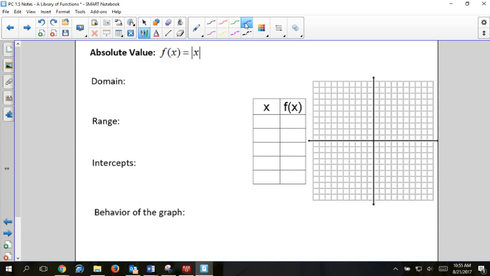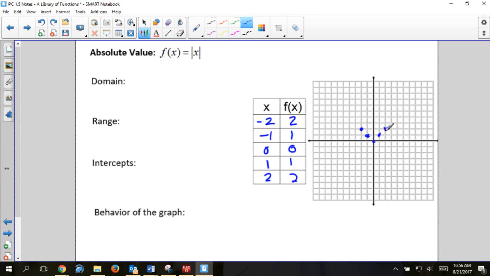We're going to use the same parent function points you have done for years: -2, -1, 0, 1, 2. We're going to plug that in. What's absolute value do? Change to the positive. So we're going to have 2, 1, 0, positive 1, 2. And we graph those.